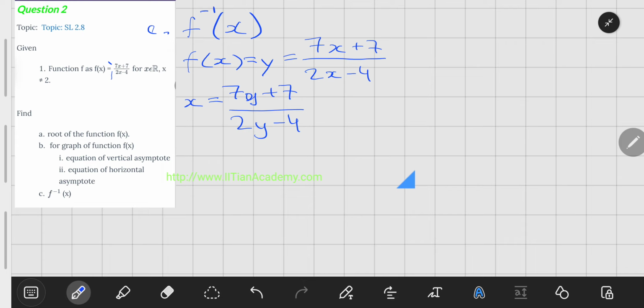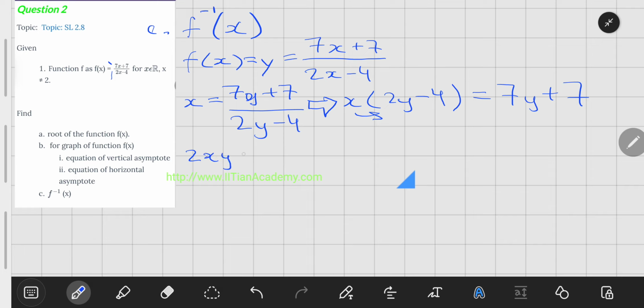So for the equation f(x), where f(x) is equal to y, our initial equation is (7x + 7) / (2x - 4), but we will be swapping the x and y variables, so our equation becomes x = (7y + 7) divided by (2y - 4).